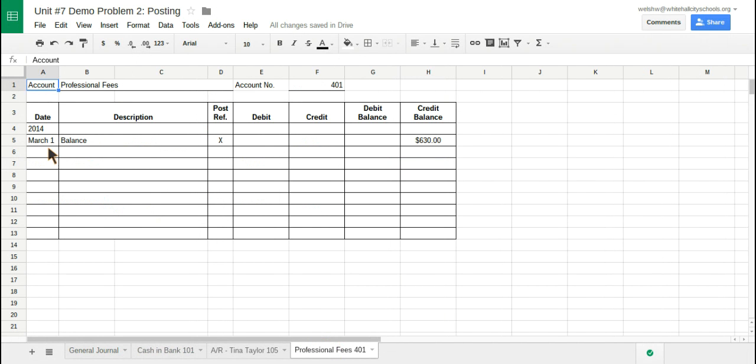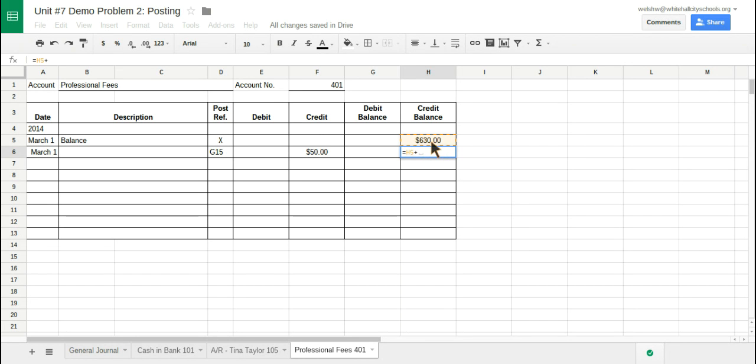So professional fees, again, March 1st. This was from page 15 of the journal. There was a credit of 50. So now we have a credit and a credit, so we add. If they're the same, you add. If this would be a debit, we'd subtract it from this total. So in this case, credit of $630. Again, we can do our formula.